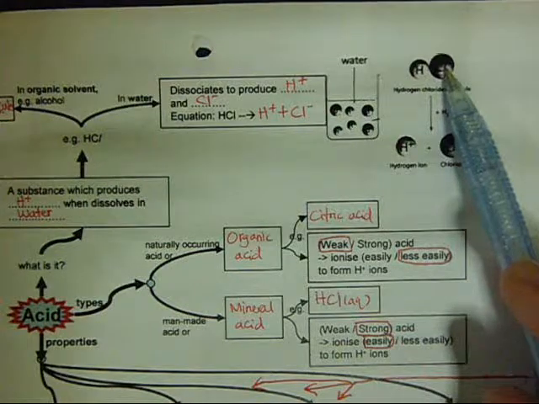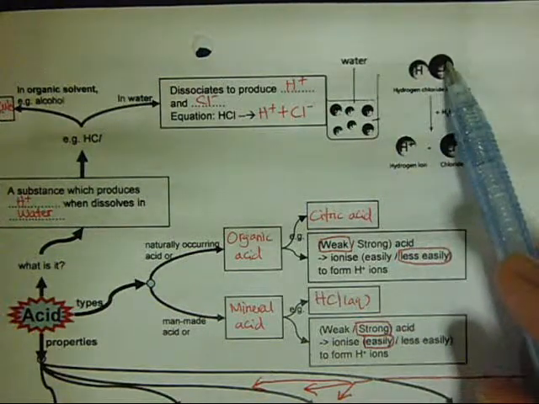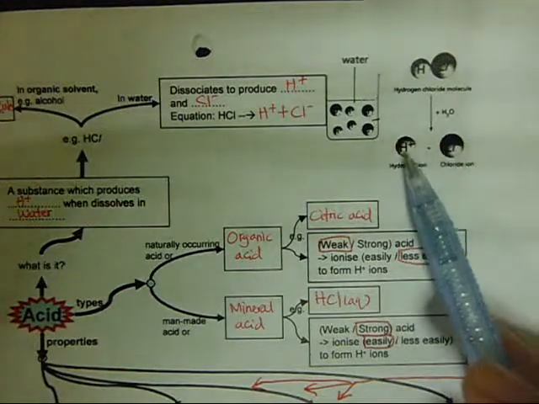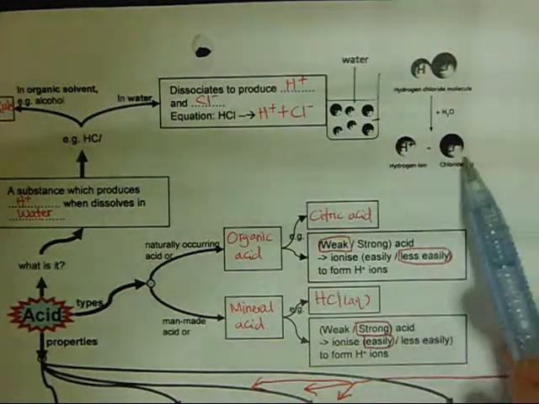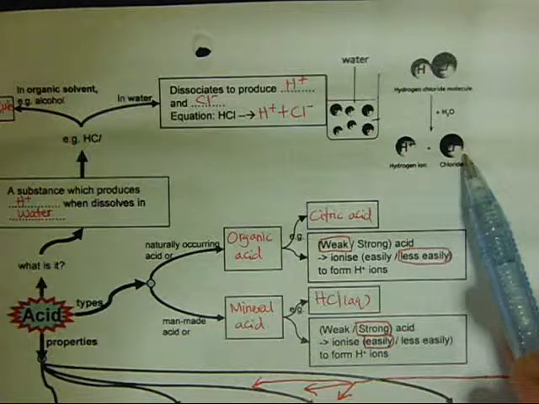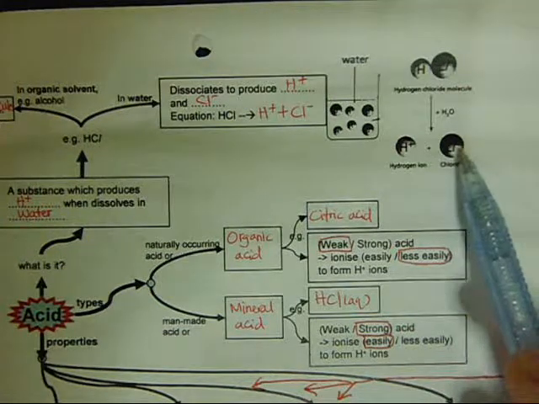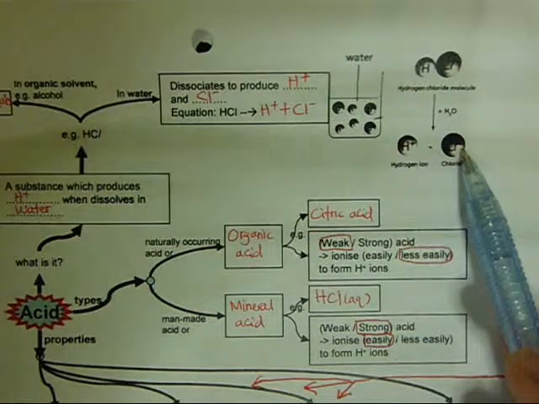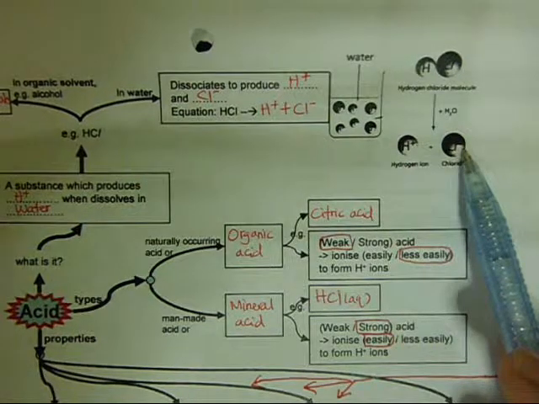In fact, most of the HCl molecules will split up or dissociate to form hydrogen ion and chloride ion. So this is called strong acid. Strong acid means that most of the substance will become ions when it dissolves in water.